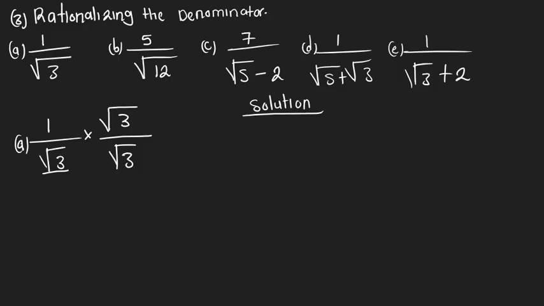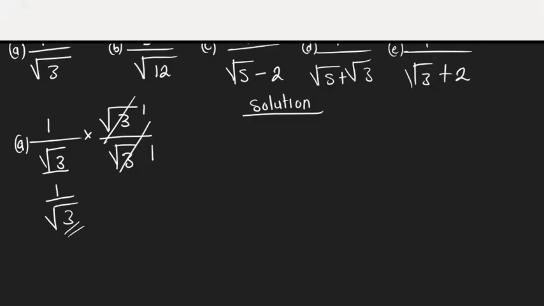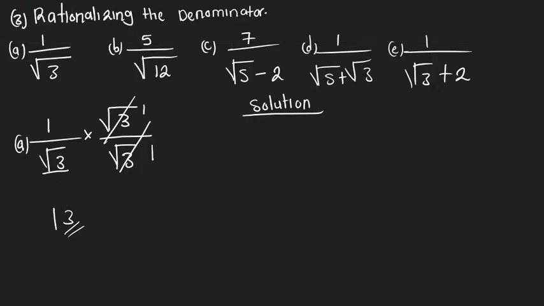Because I know that the square root of 3 divided by the square root of 3, please forget about that rule, is just the same as 1. 1 multiplied by 1 over the root of 3 is the root of 3. So when you introduce that, it's the same as you have done nothing. It won't affect.